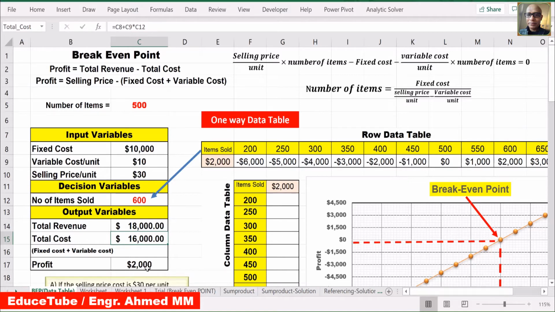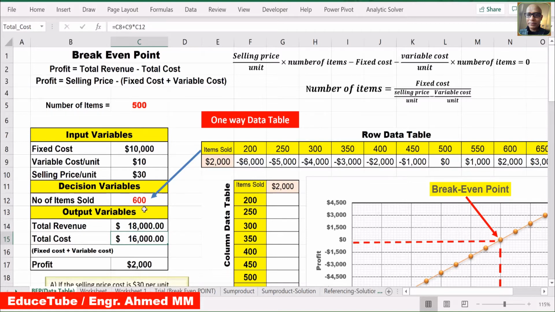Now, in addition to computing this profit, most of the decision makers are interested in the break-even point. This break-even point is the number of units sold that will result in total revenue equal to total cost.